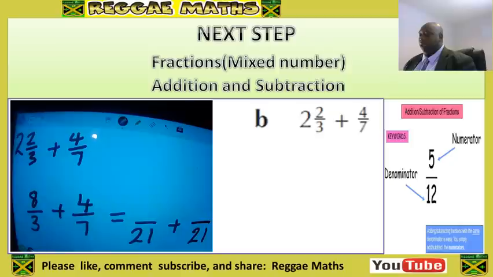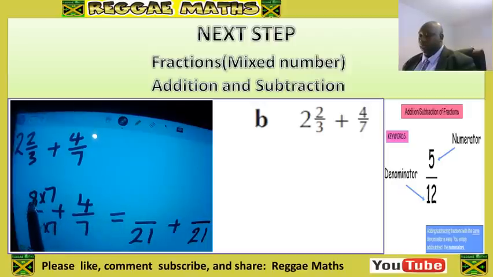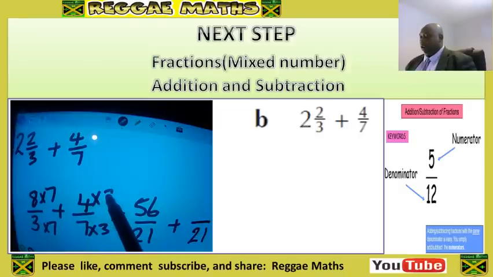Okay, so basically we times again here. 3 times 7, that's 21, and then 7 times 8 is 56, 3 times 7, 21, 3 times 4, that's 12. So 56 add 12, it's going to give me 68.